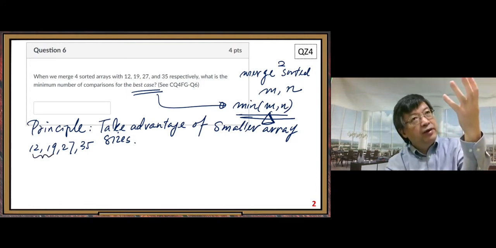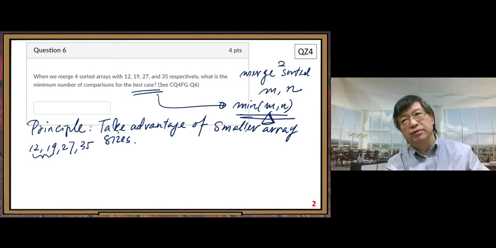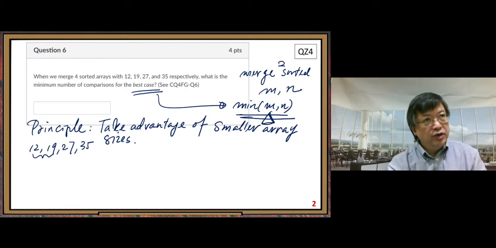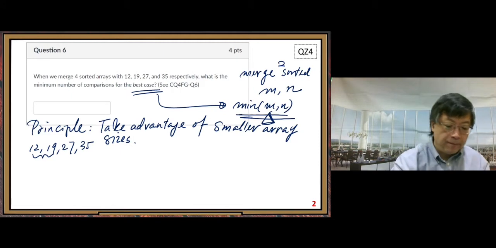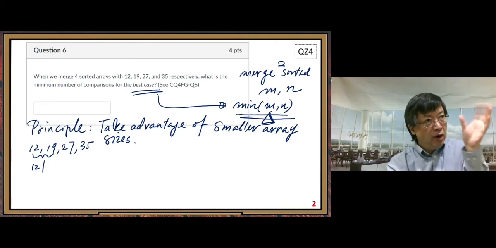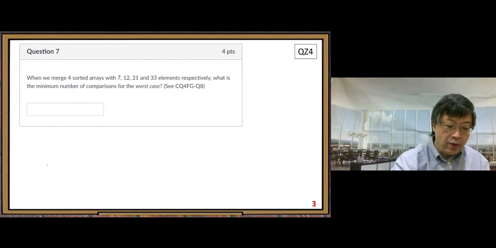We merge these two arrays first. When we merge by this formula, the minimum of those two numbers, that's 12. So 12 comparisons for the best case. Then after the merge, we get a merged array of size 31.